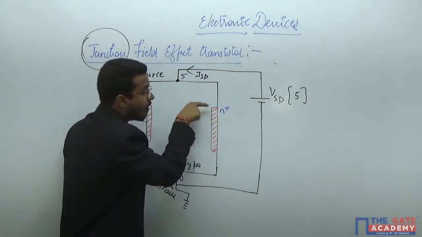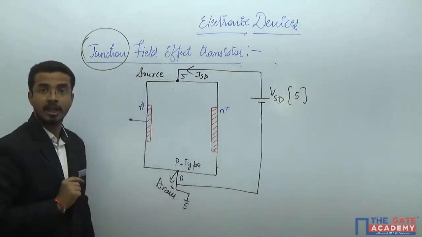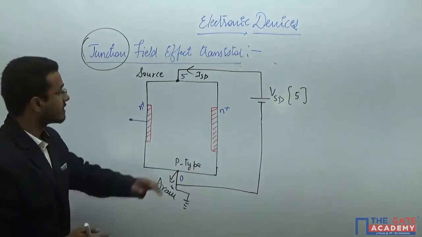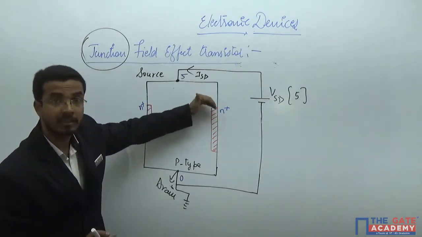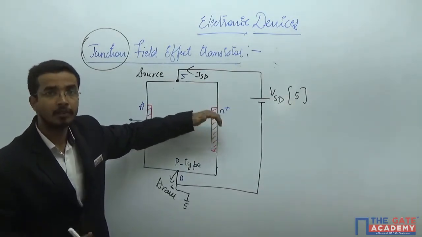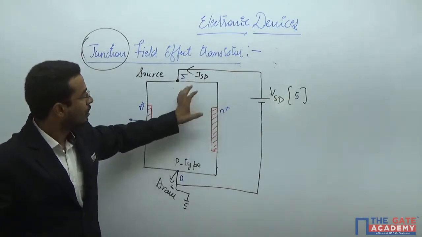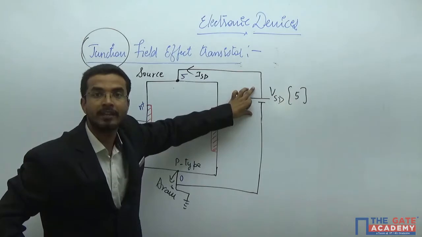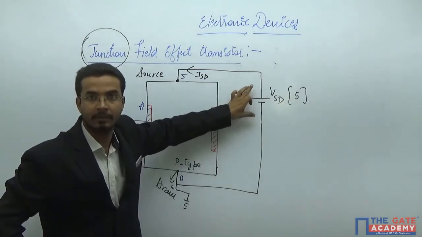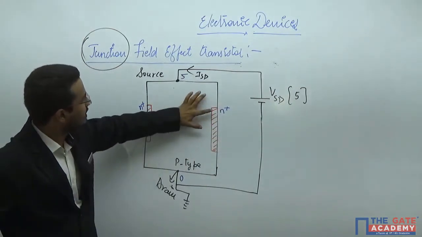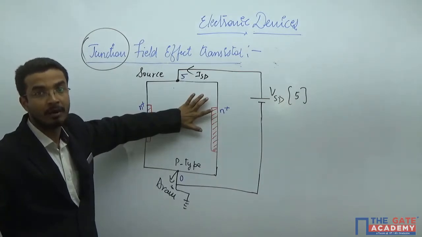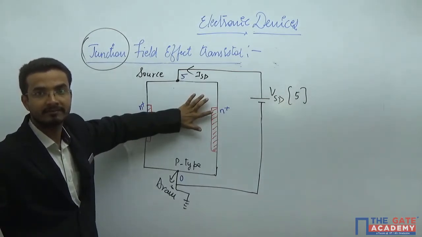That means you will get the forward biasing of this particular diode, and if it is happening, some current will go inside this particular junction. And you never want this type of characteristic in the device. So this polarity you cannot apply here, because whenever this happens, you are compromising your device.